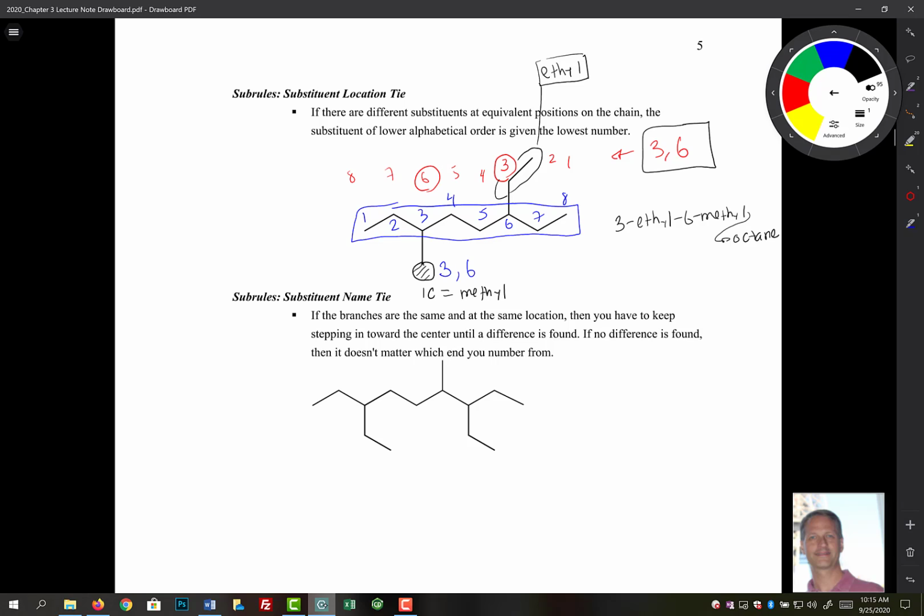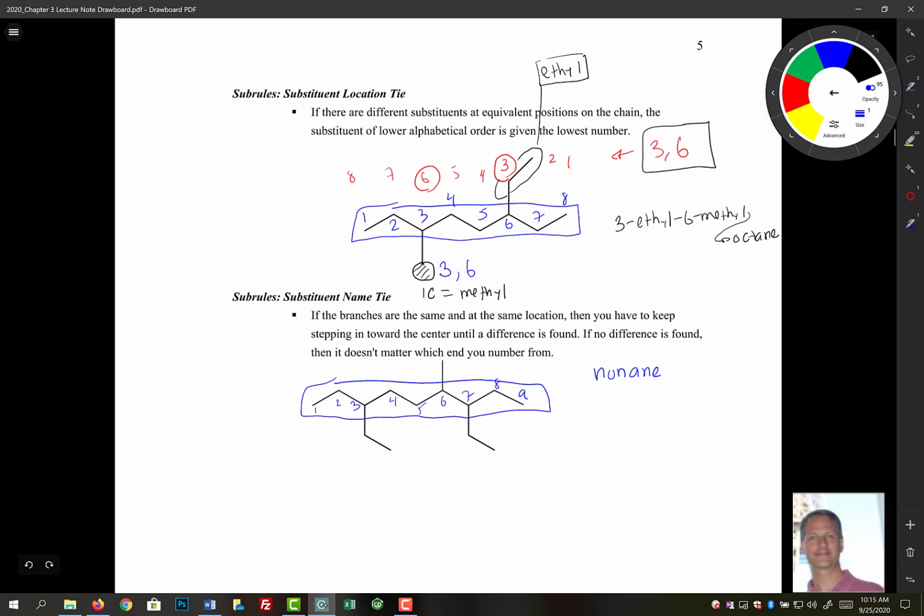Now, if the branches are tied in their name, then we step in and look for the first point of difference. This is the last little subset that we're going to look at. Right here we have 1, 2, 3, 4, 5, 6, 7, 8, 9. 9 is non, and it's an alkane, so it's a nonane.